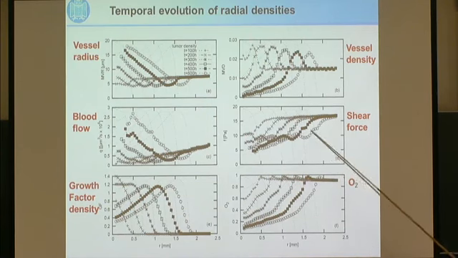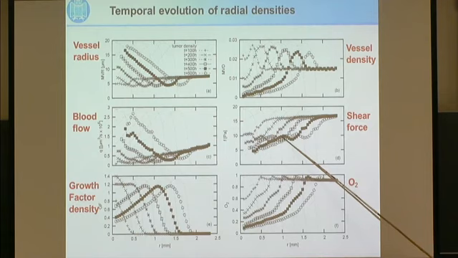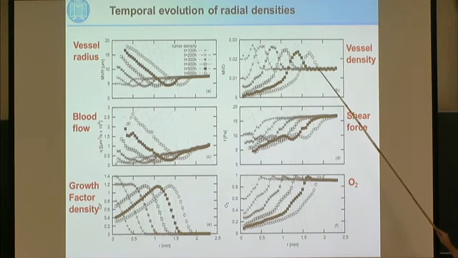Shear force is also low inside, but does not drop to zero. As soon as you have many vessels at the periphery, shear force drops simply because the same constant amount of blood has to be distributed over many vessels.